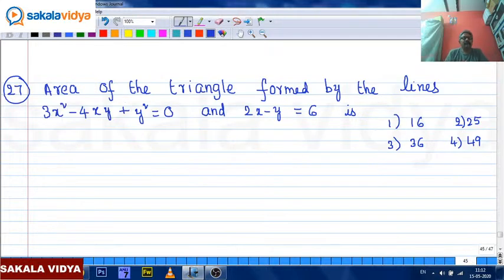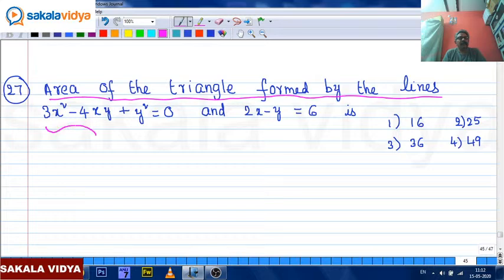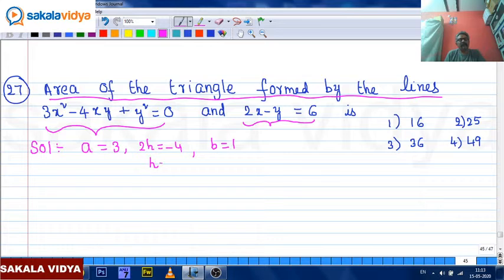Okay, now the area of the triangle formed by the pair of lines with 2x minus y is equal to 6. First let us write a value 3, 2h equals to minus 4 and b value equals to 1, h value equal to minus 2, and this is compared to lx plus my plus n equals to 0.